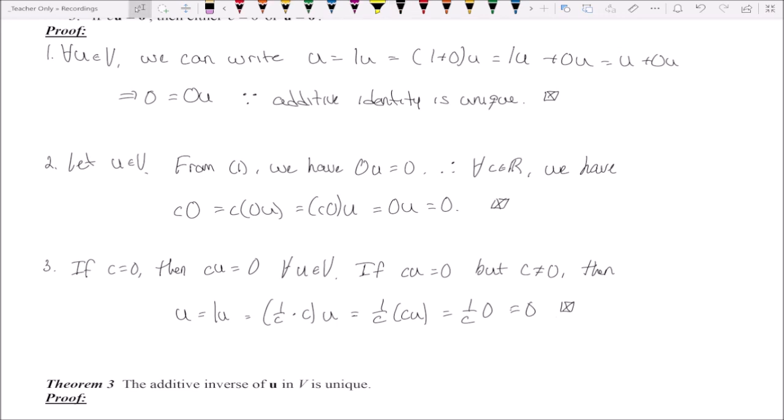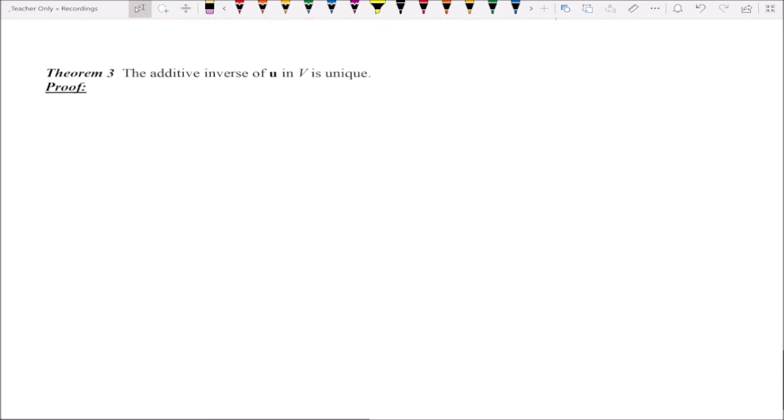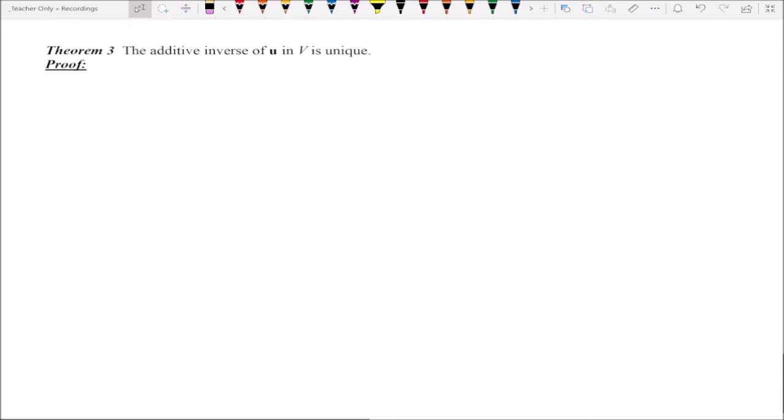And finally, we're going to show that the additive inverse is unique. Right? So each element of a vector space has a unique additive inverse. So for all elements u in our vector space, let d be an element in V such that u plus d is the additive identity.